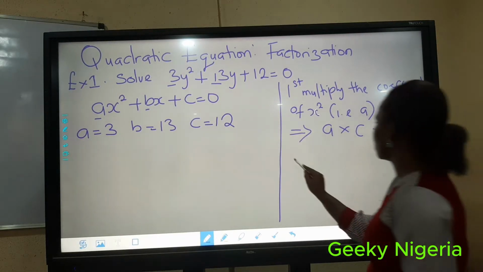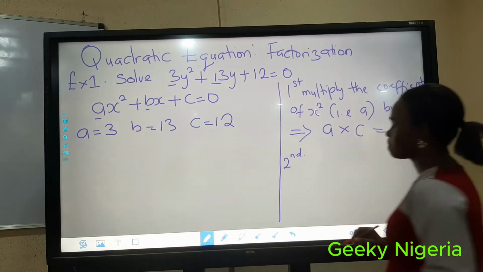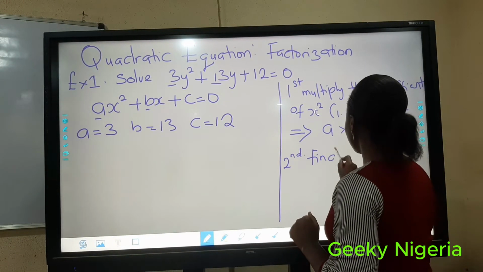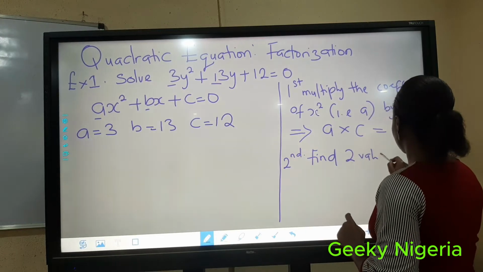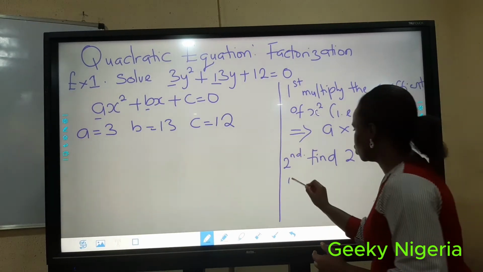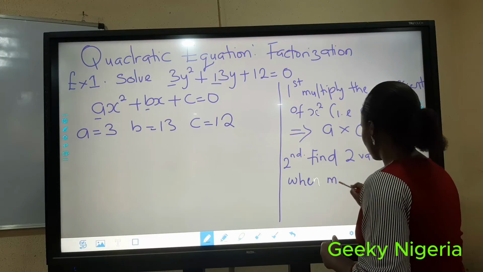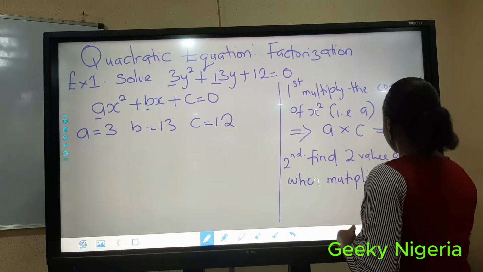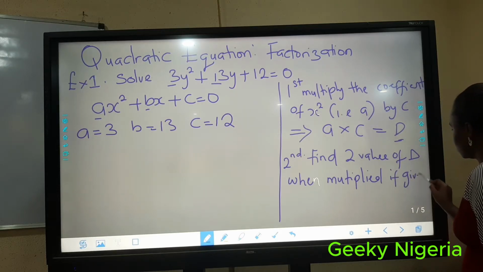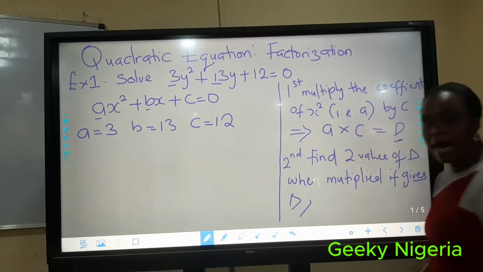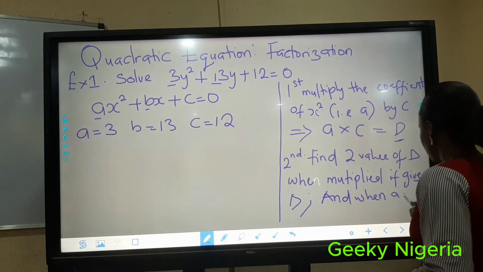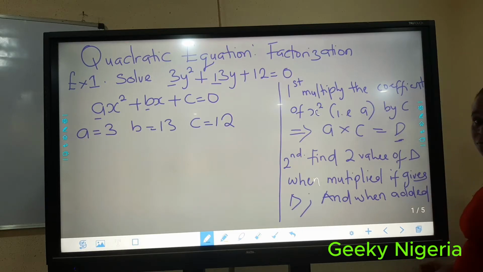What's the next step? The second step is to find two values of d, such that when you multiply them, it gives d, and when you add them, it gives b.